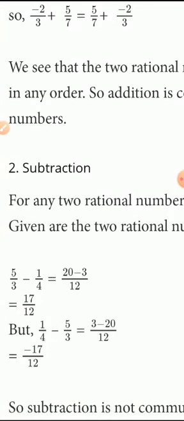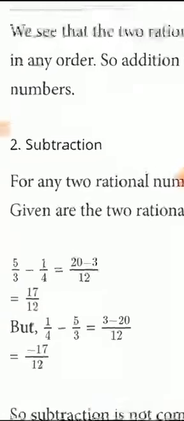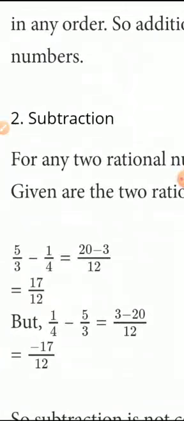Let us take an example: 5 upon 3 minus 1 upon 4. On solving, we get the answer 17 upon 12. But if we change the order, 1 upon 4 minus 5 upon 3, then the answer we get is minus 17 upon 12, which is a negative fraction. It is different from 17 upon 12.